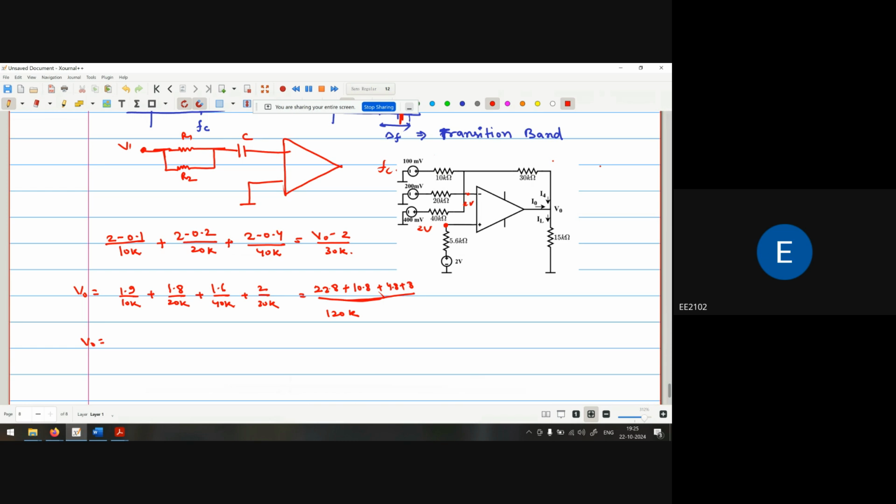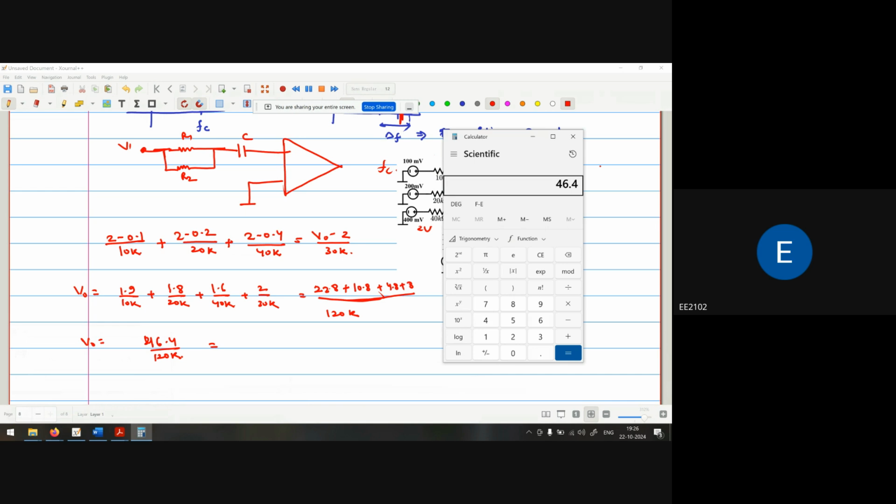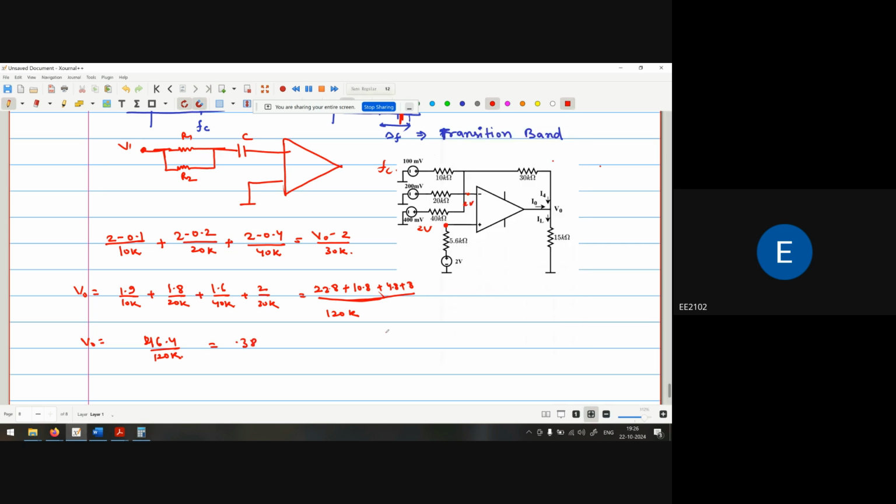So V naught is equal to 52, 40, 44, 46.4 divided by 122. The value is 0.38.